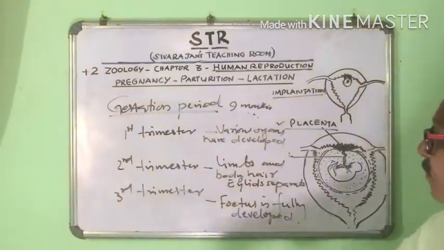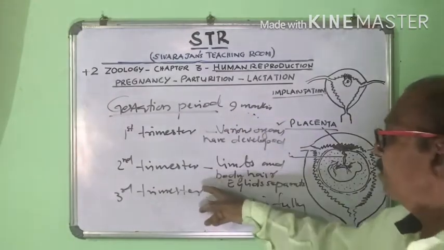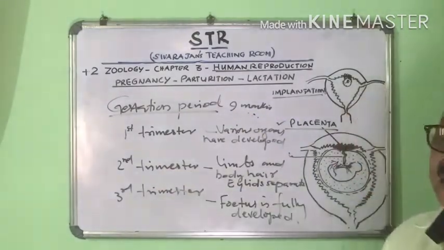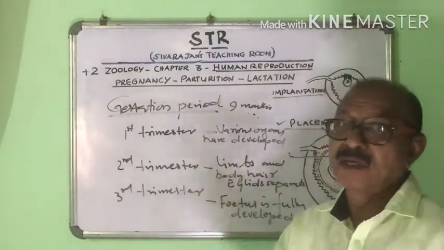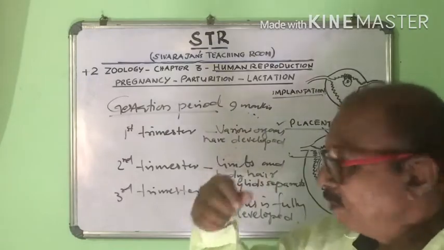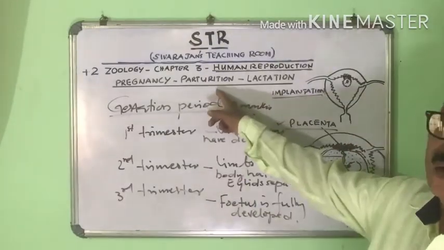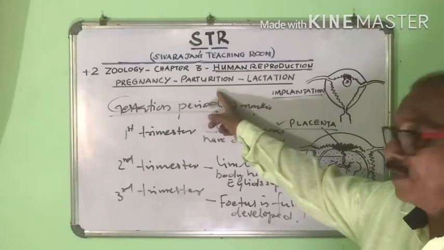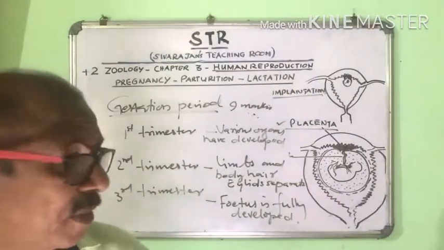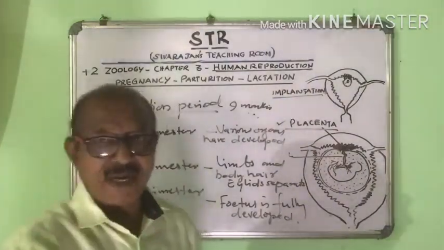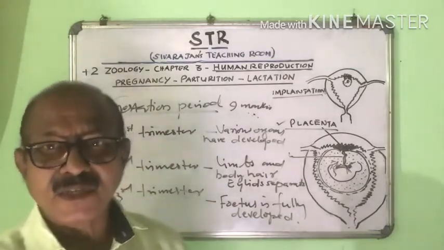So what happens after the 9 months, that is after the completion of pregnancy? The baby is to be pushed out of the uterus, and it is called parturition, or commonly delivery. So what is parturition? After the fetus is completely developed, the fetus moves violently inside the uterus.